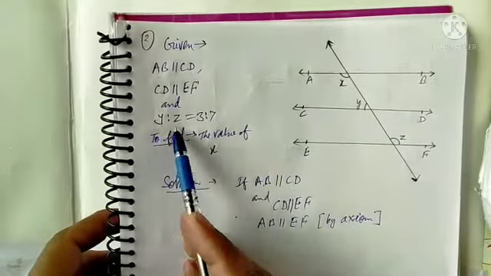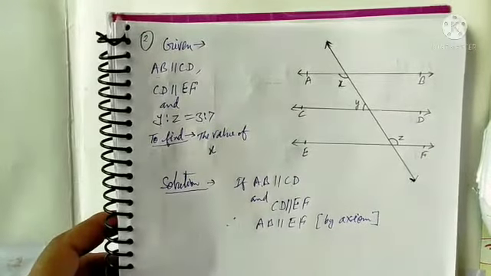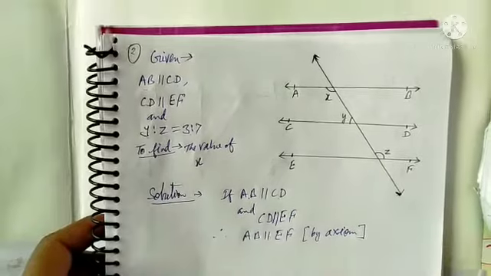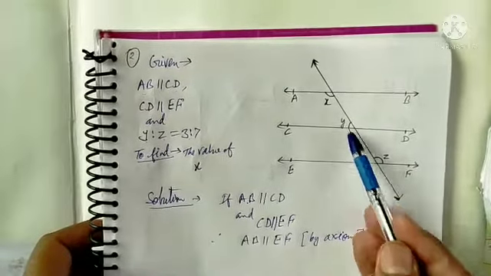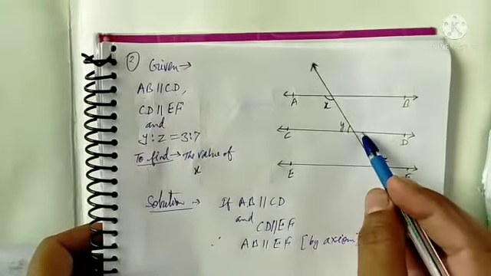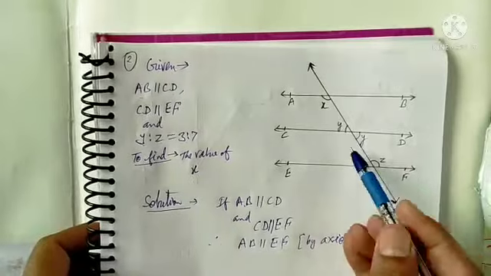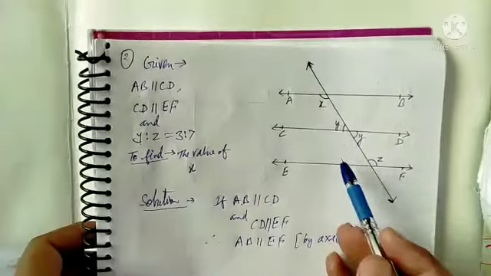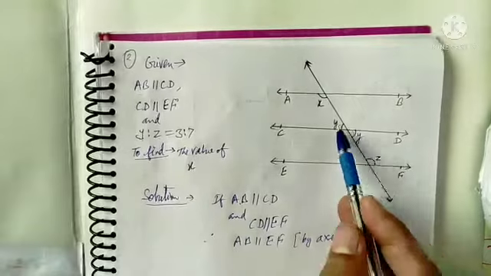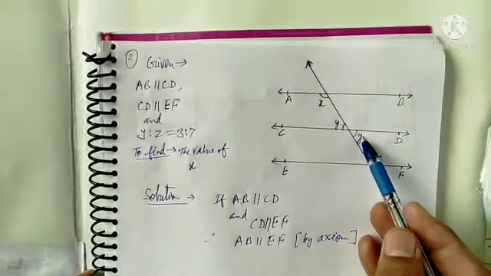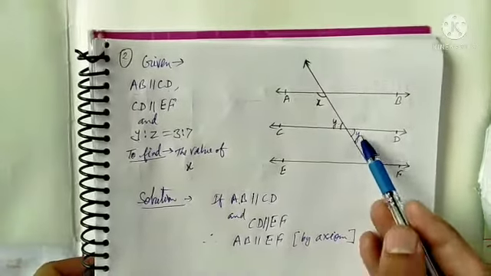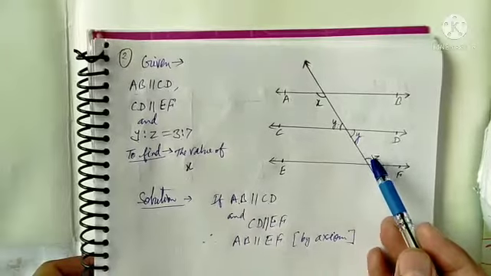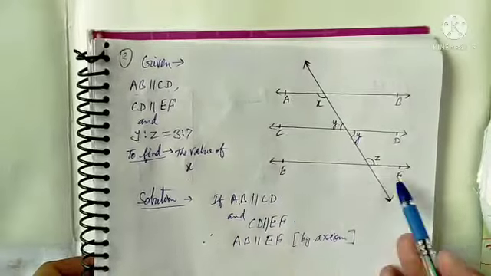Now the ratio is given, y to z is 3 to 7. You can observe over here, this is y. If this is y, then this is also y, because of vertically opposite angles. Both are y. Now what you can observe here, angle y and angle z, what are they? They are co-interior angles. CD parallel to EF.